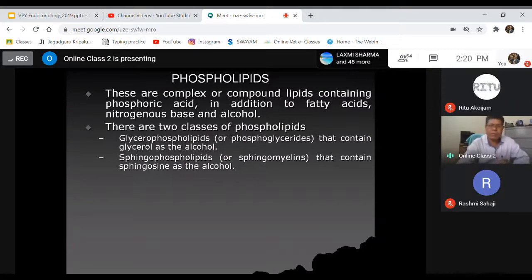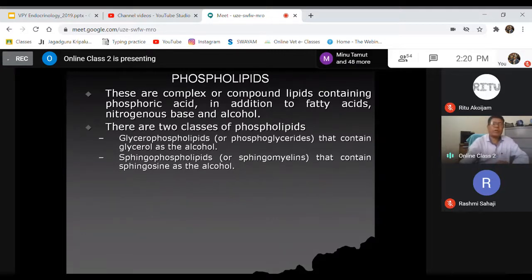Okay, the phospholipids are again grouped into two classes: the glycerophospholipids, in which the alcohol present is glycerol, also called the phosphoglycerides that contain glycerol as the alcohol. Then the second group is the sphingophospholipids, in which the alcohol present is sphingosine, or its hydrated or dehydrated form.